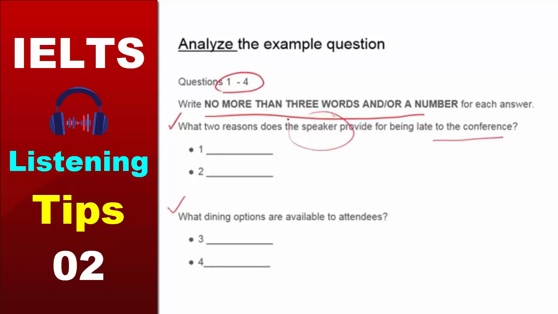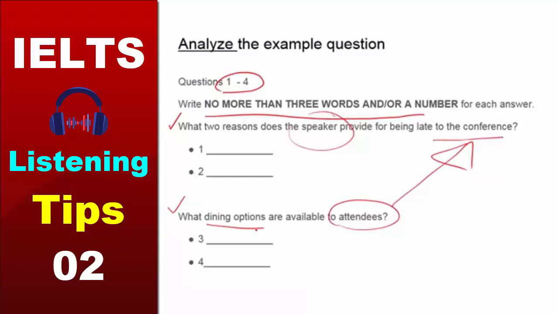So we know at the beginning of this passage, a speaker is going to be expressing some reasons for why he's late. Later then, they're going to be discussing dining options to attendees. Well, attendees are people who might be at a conference. So we're still on the subject of conferences, and they're discussing where to eat.